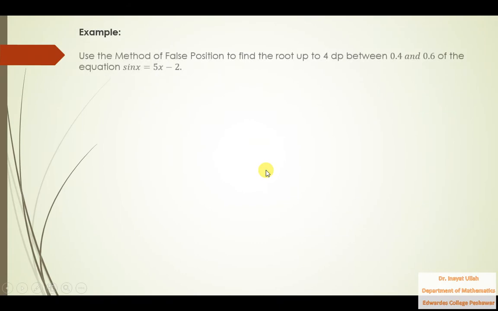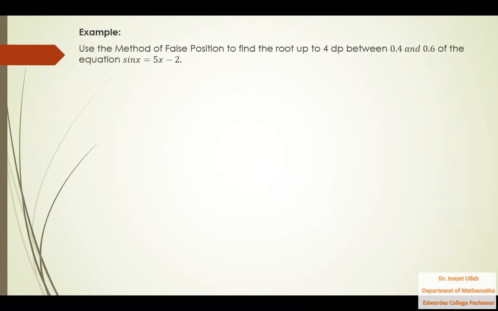The question is: use the method of false position to find the root up to 4 decimal places between 0.4 and 0.6 of the equation sin x is equal to 5x minus 2. The solution: we are given a is 0.4 and b is 0.6, and f of x, shifting 5x minus 2 to that side, is sin x minus 5x plus 2.